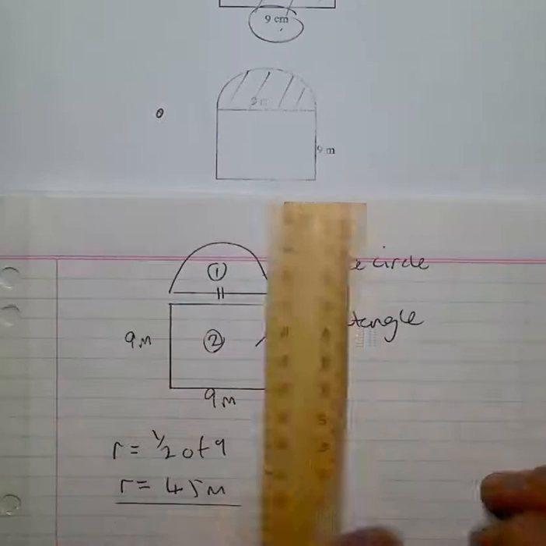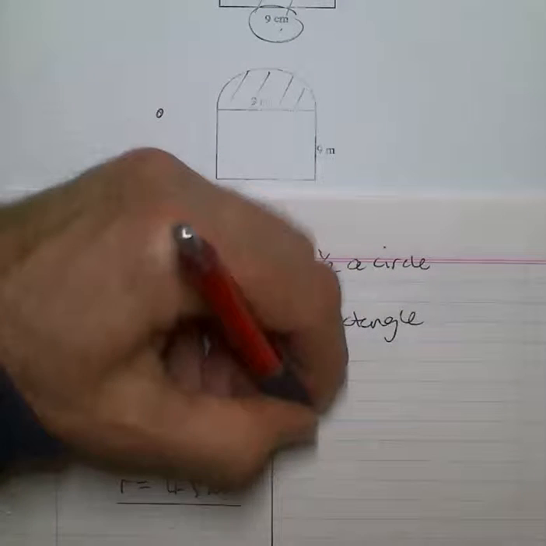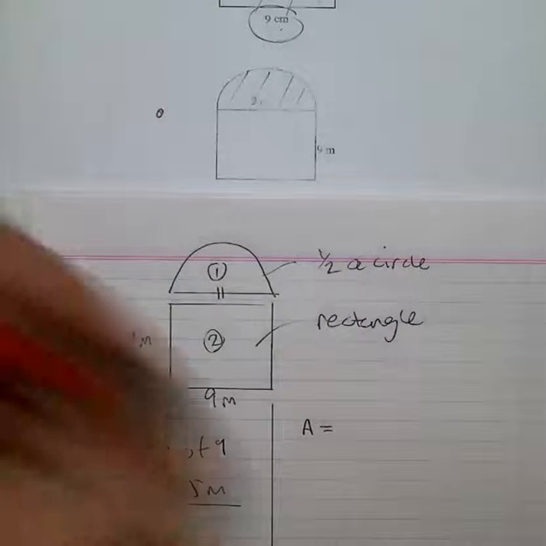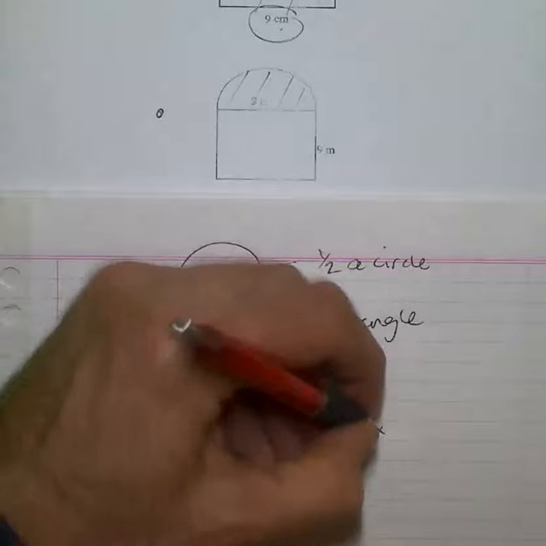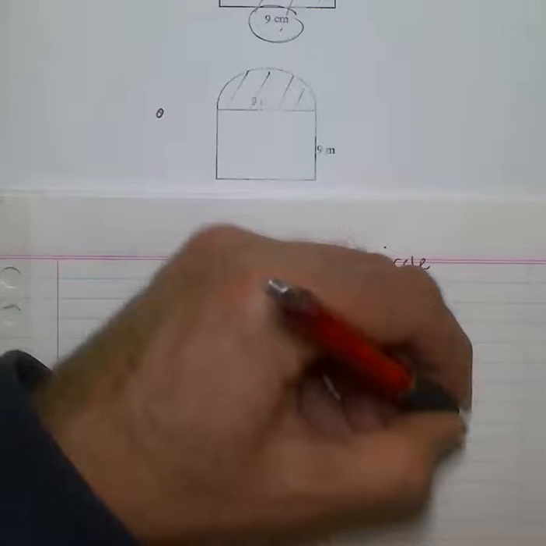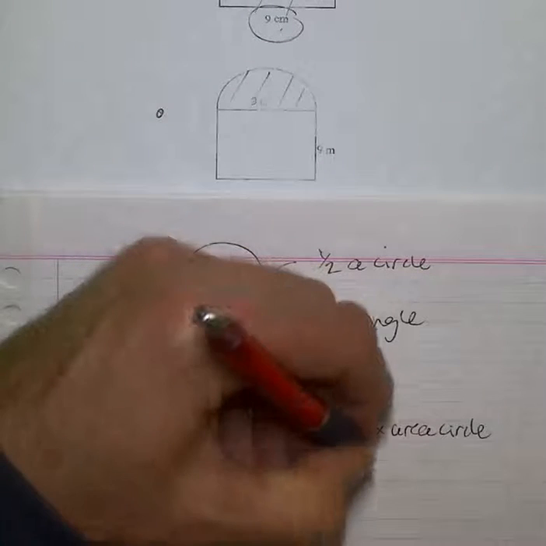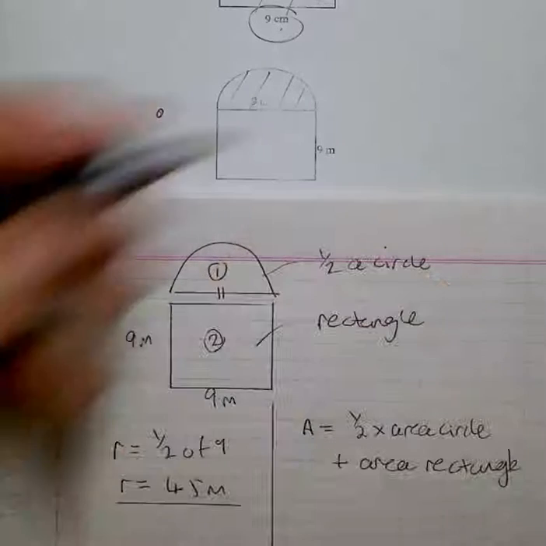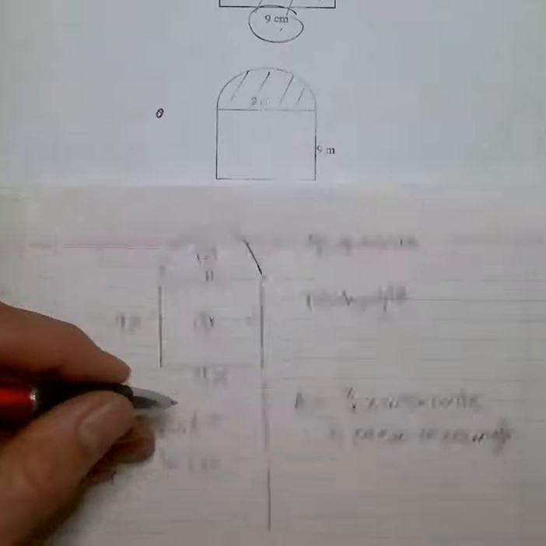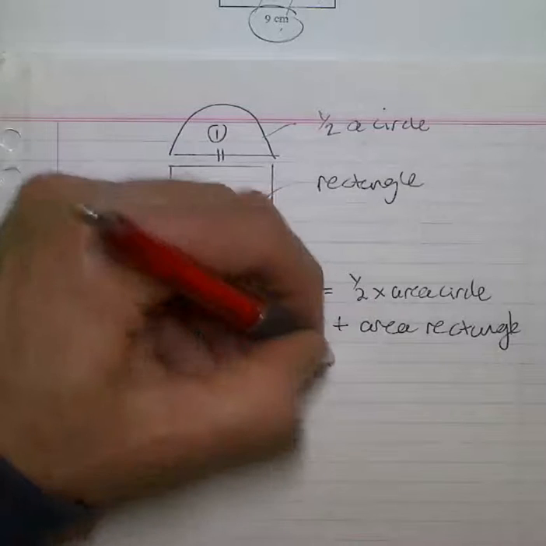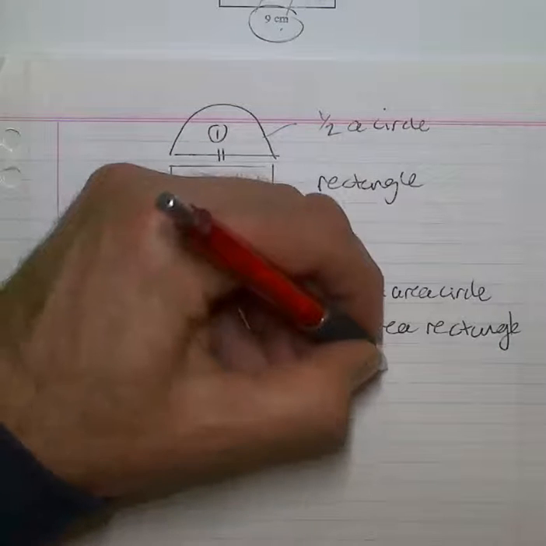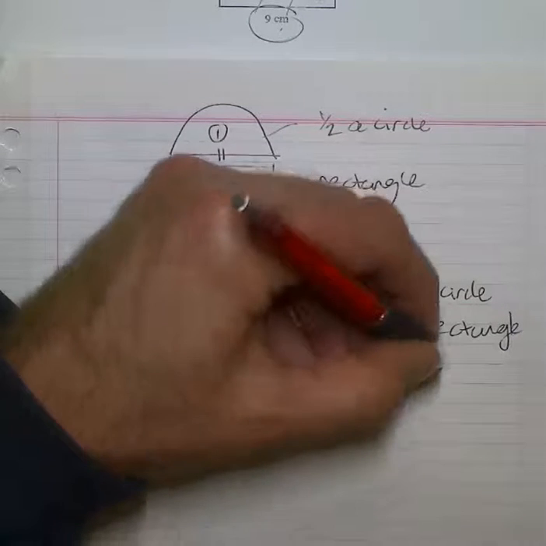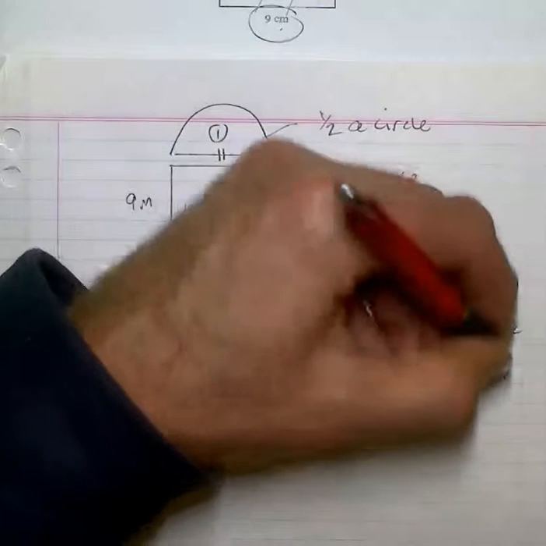Setting this out then, the area is equal to a half of the circle plus the area of the rectangle. So that's equal to a half by pi times r squared plus the length times the breadth.